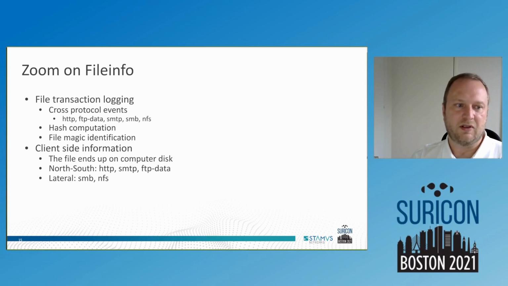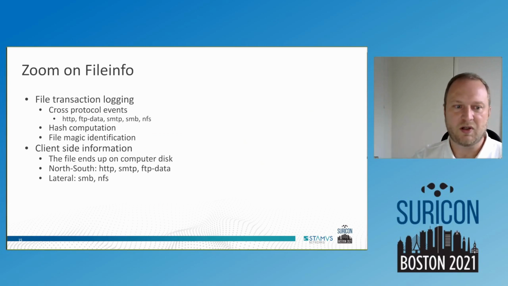But something that is really more interesting about this file info event is that it's client-side information, because when you download a file, there is a big chance that the name that you have seen on the network ends up being the name on the computer disk. And also the hash of the file will be the same on the disk. So that's also information that you could collect from the host.